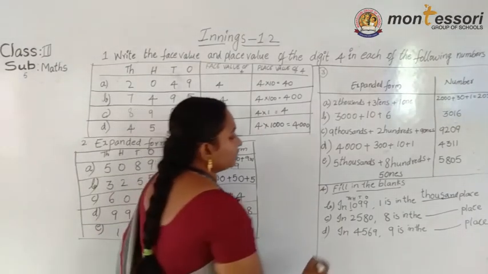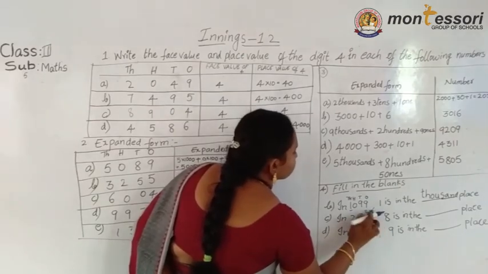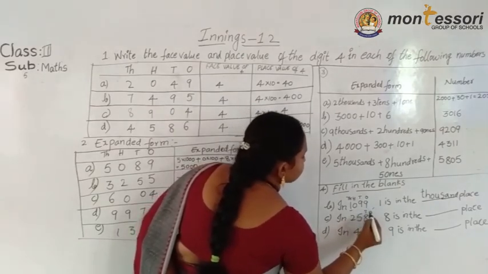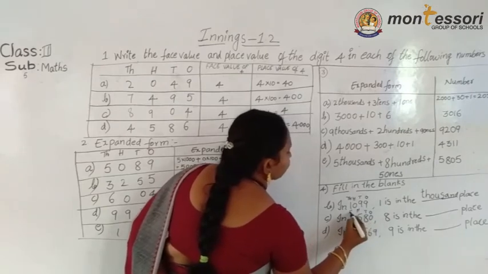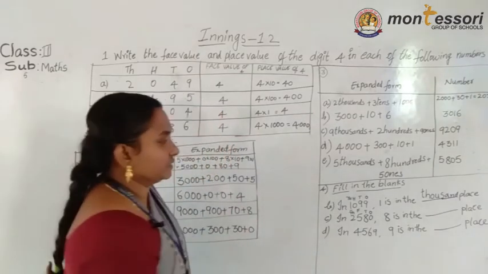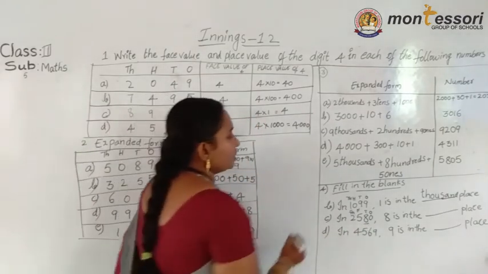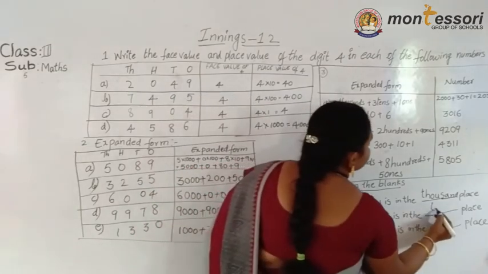So now I am writing place values: ones, tens, hundreds, thousand. In this given problem, 8 is in the tens place. So now here I am writing tens.